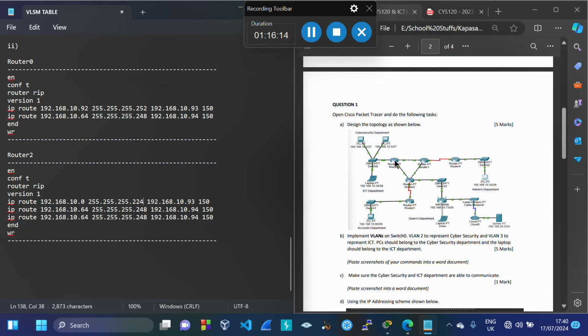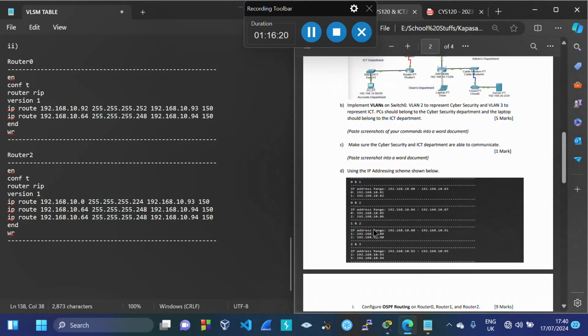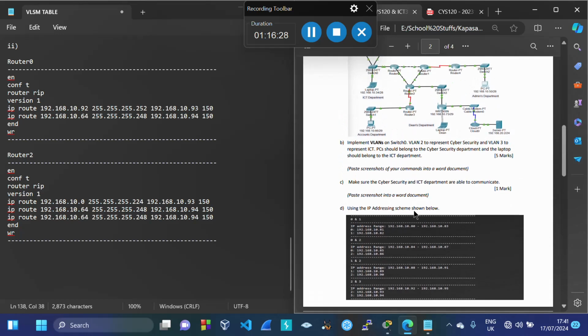Now what's the subnetting between 0 and 2? What's their network address? Between 0 and 2, their network is 84, but the IP address for router 0, which is our route, between 0 and 2 is 85.